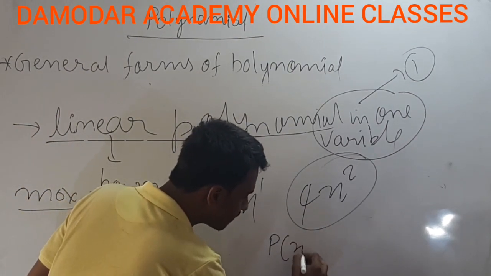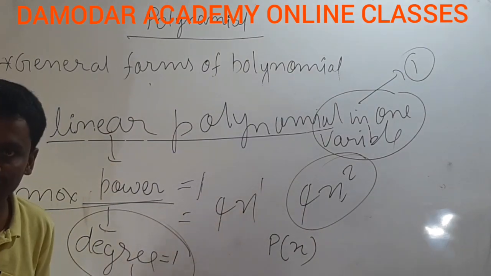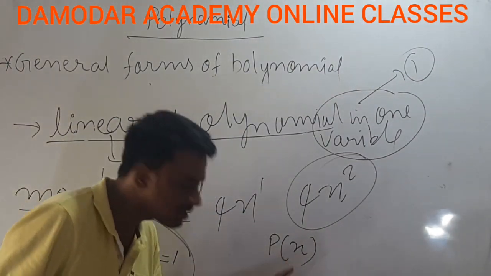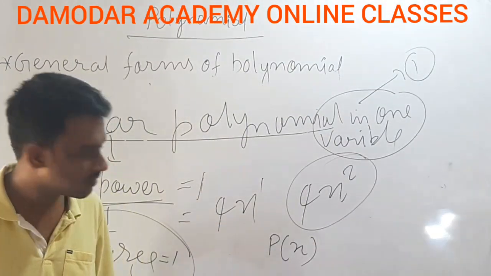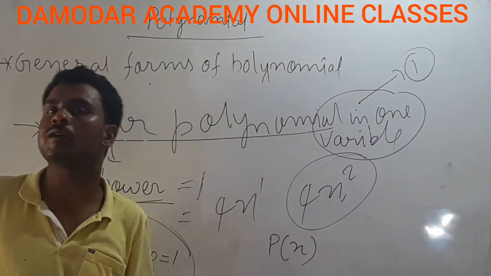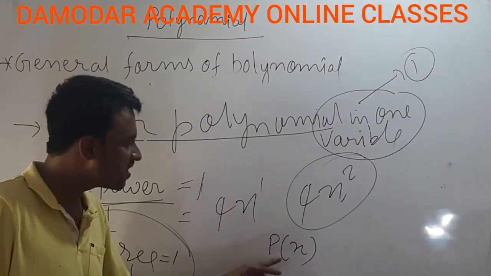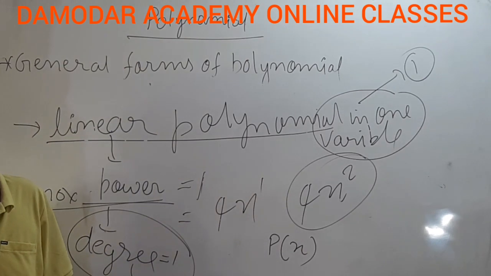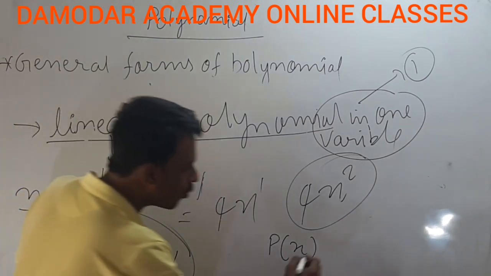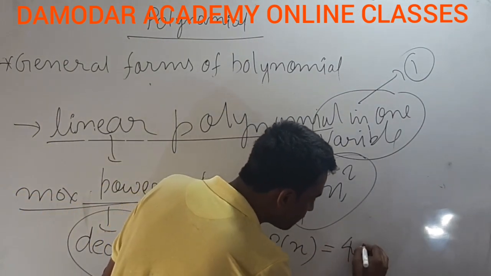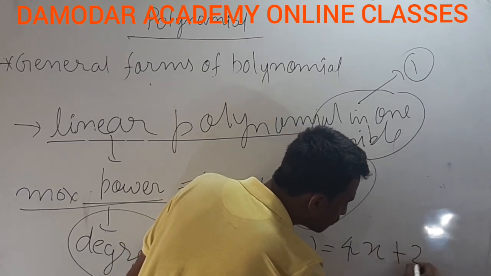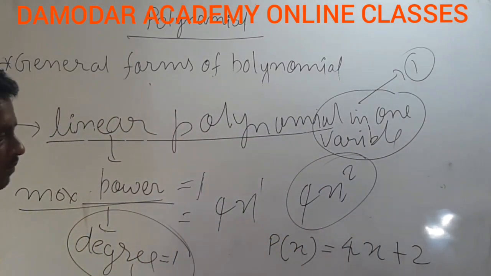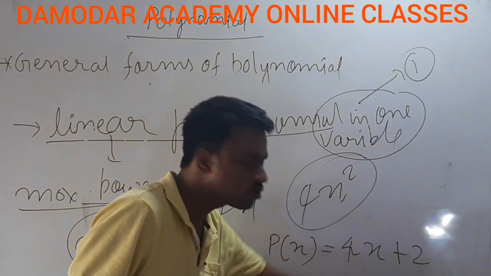P(x), where x is the variable, and when we write x in a bracket, that means it is a single variable polynomial. Okay? Now what we can write is P(x) equal to 4x plus 2.